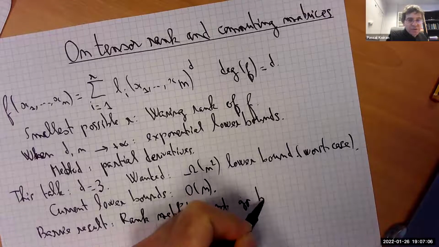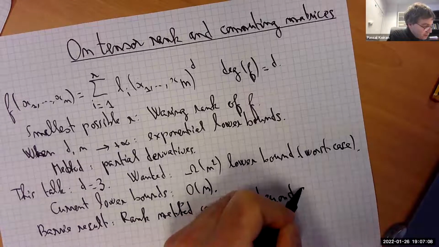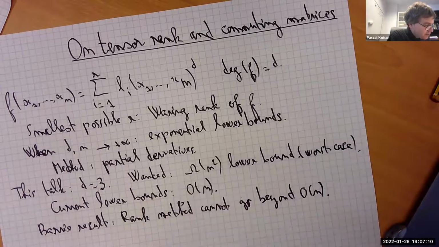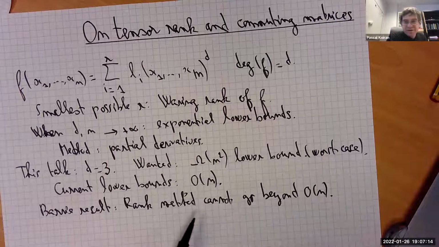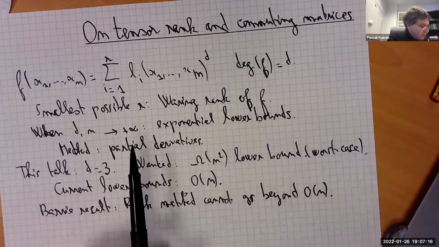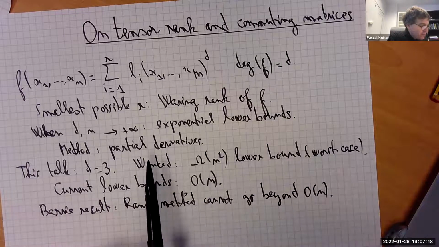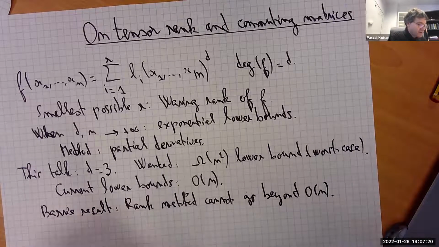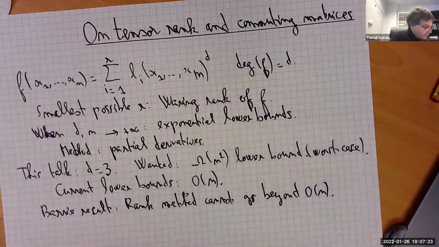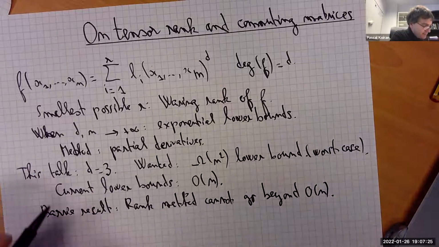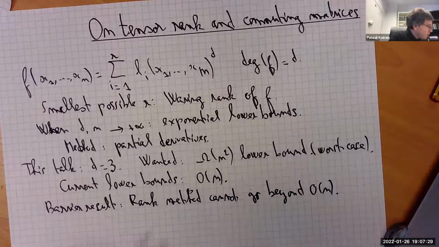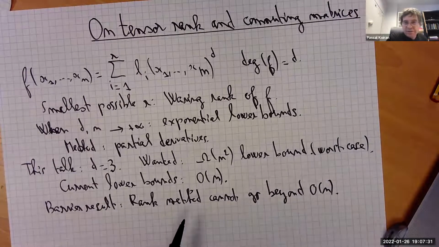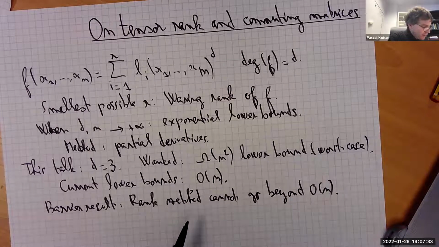I'm not going to define exactly here what a rank method is, but let me just say that the method of partial derivatives or most other lower bound methods in algebraic complexity are rank methods. And this result is due to, I think, Efremenko, Garg, Oliveira, and Wigderson.